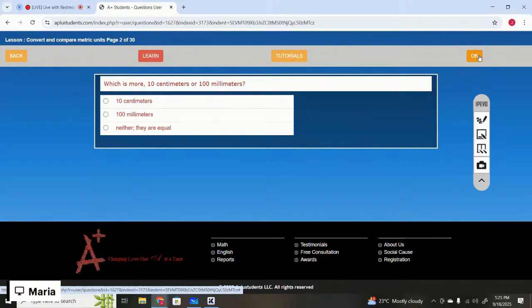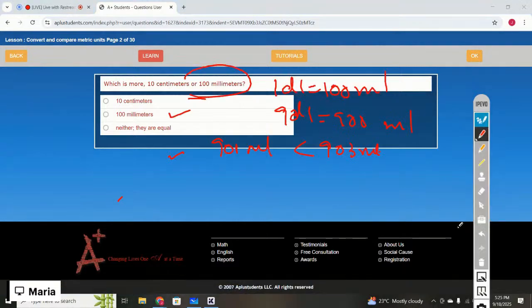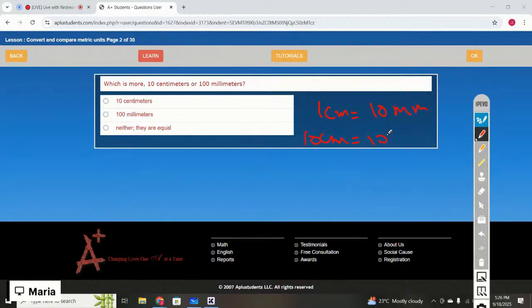Which is more, 10 centimeters or 100 millimeters? So which is the correct option? 1 centimeter equals 10 millimeters, right? So then 10 centimeters equals 10 times 10, that is 100 millimeters.